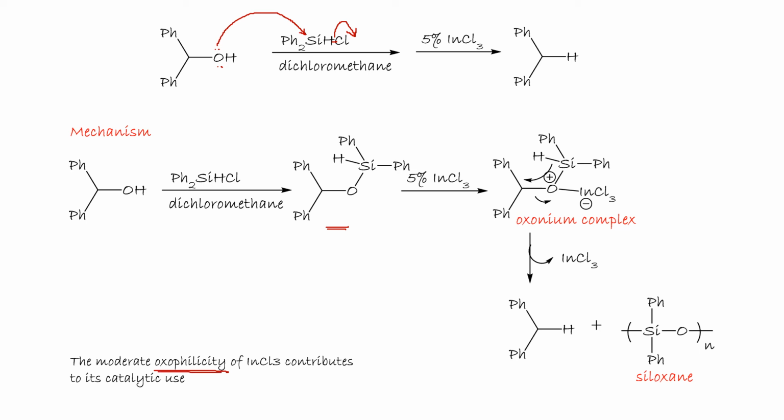Okay, it's an oxygen lover, so it makes a complex, an oxonium complex. It's a Lewis acid base complex. Okay, which then allows the hydride to attack on the carbon, leaving oxygen, the leaving group, out, to form the alkane and siloxane polymer as a byproduct.